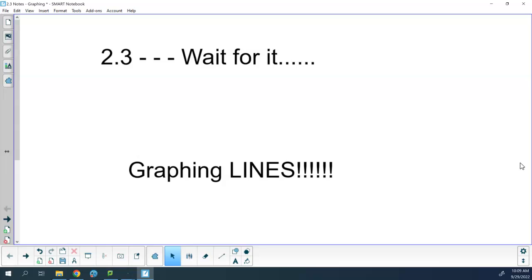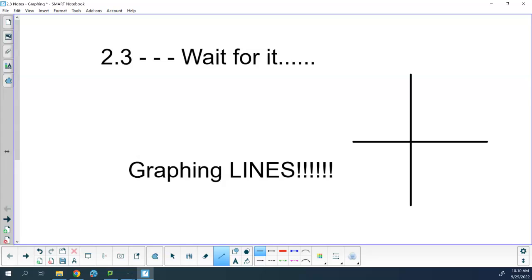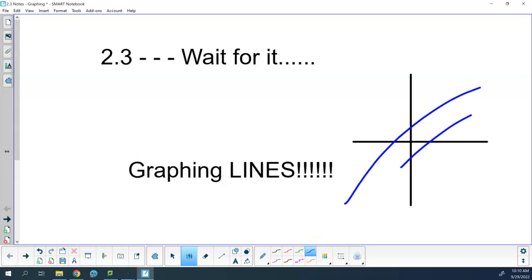What I don't want, and what I will tell you right now that I will be taking off for, on this homework, the backside of the purple homework, or a test or formative tomorrow: if it's supposed to be a straight line and I see this, I'm telling you right now, I will mark off.